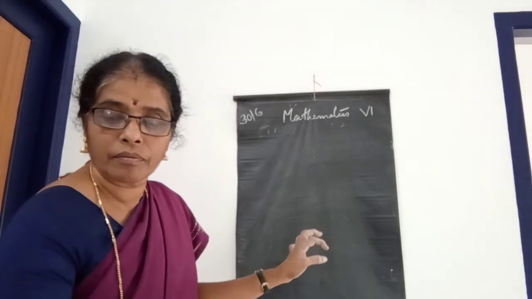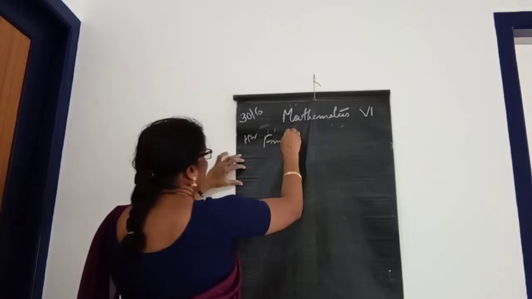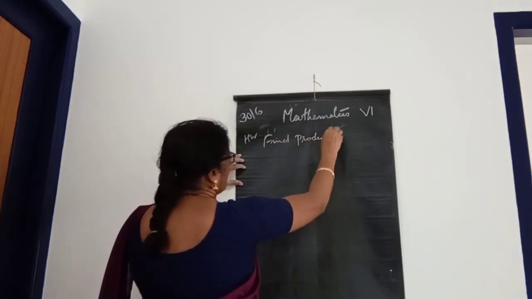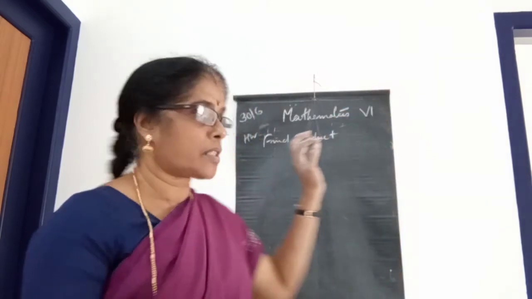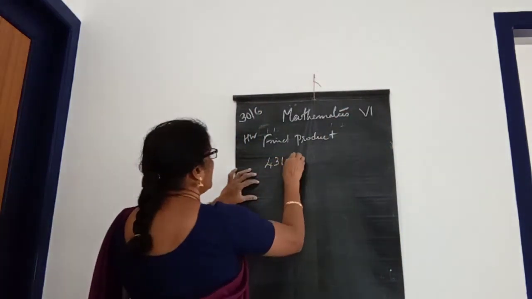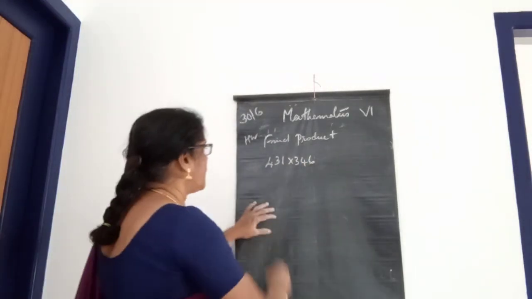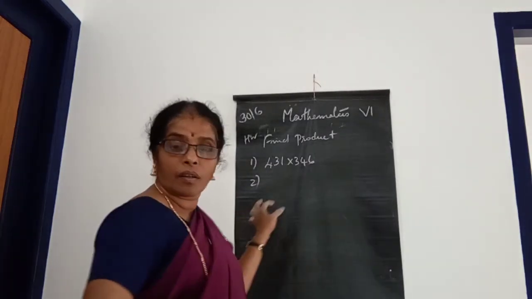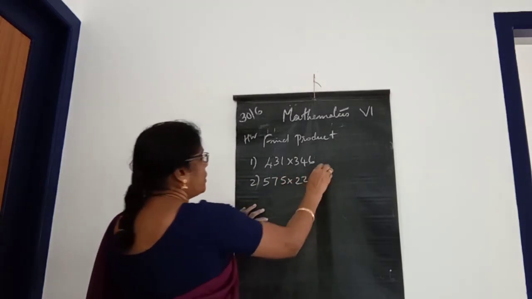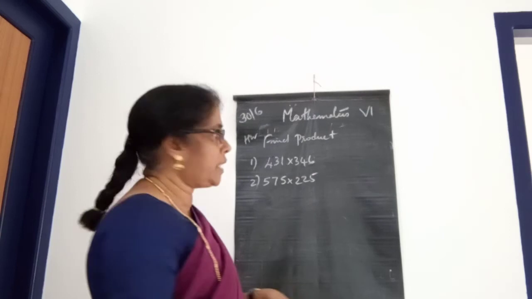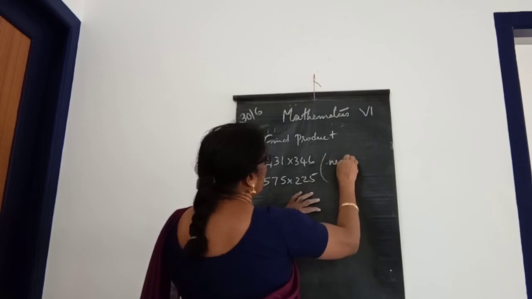Next step, I will give you homework, children. Find the product. Number 1: 431 into 346, using the nearest tens and hundreds. Then number 2: 575 into 225, using the nearest tens and hundreds.